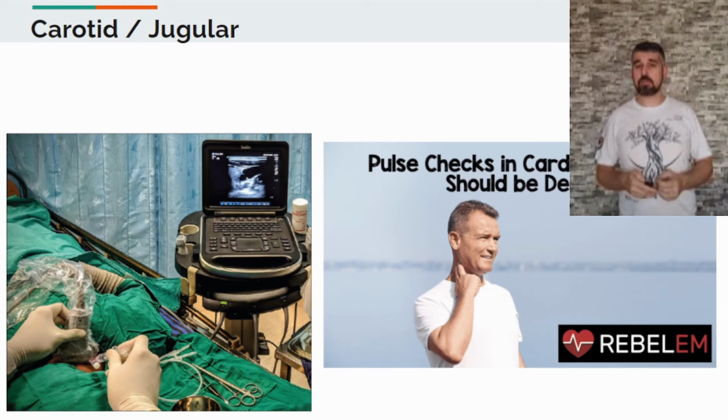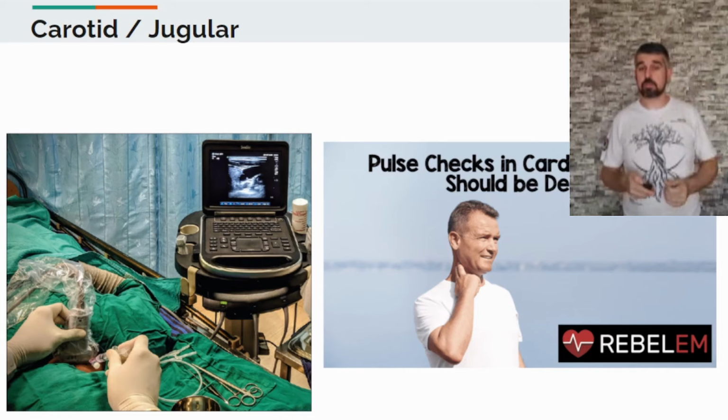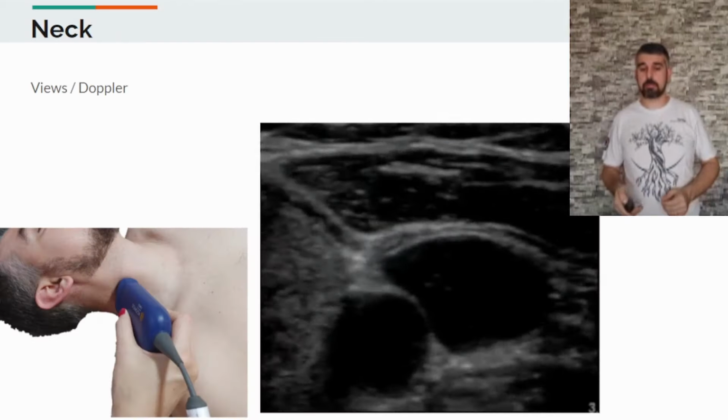And also something that's growing a lot is that instead of doing our manual pulse check in a cardiac arrest, we use the Doppler to see if our carotid is pumping. So it's another new use for neck ultrasound.